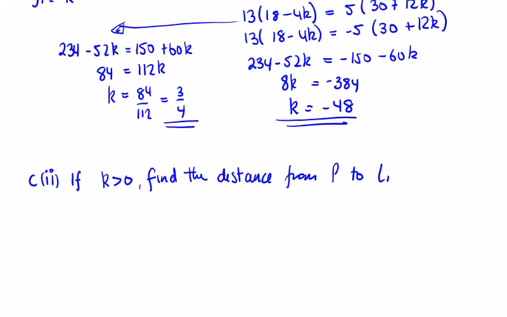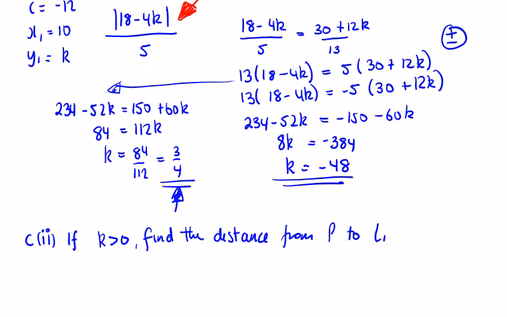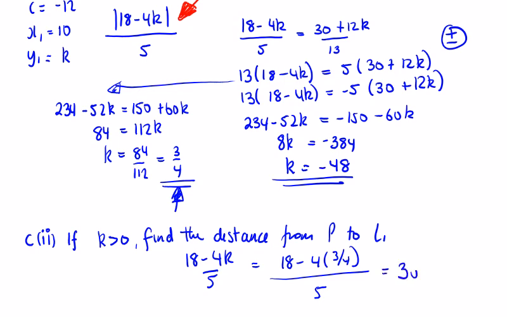If k is greater than 0, so this is my 3/4, find the distance from P to L1, and we got that (18 - 4k) over 5. So we have 18 minus 4 by 3 over 4, over 5, and 4 times 3 over 4 is 3, so 18 - 3 is 15 over 5, which is equal to 3 units.